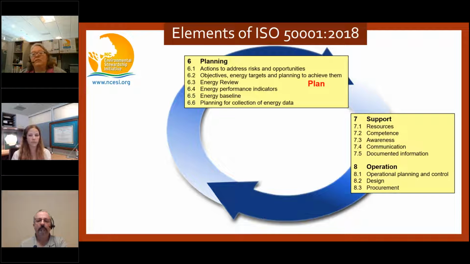Under the Do section, you have the support functions: what your resources are, what you mean by competence and awareness within the standard, communication, documented information, and then you have the operational pieces. That's your operational planning and control, design, and procurement. We'll go into each one of these elements over the next couple of days.